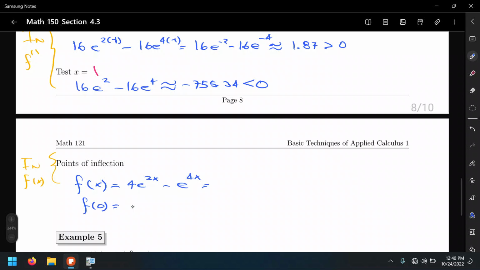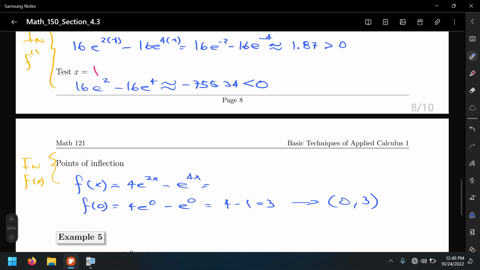F of 0, 4 e to the 0 minus e to the 0. That's 4 times 1, which is 4, minus e to the 0, which is also 1, and that's 3. So the point of inflection is 0, 3.